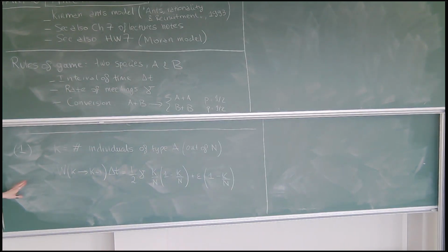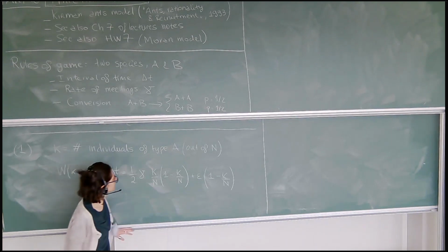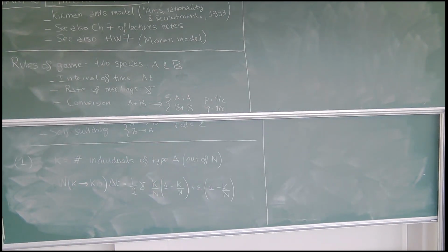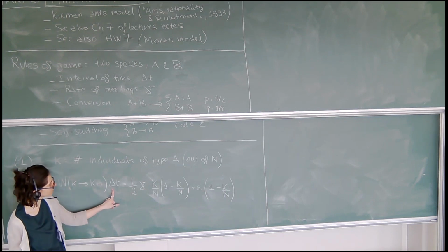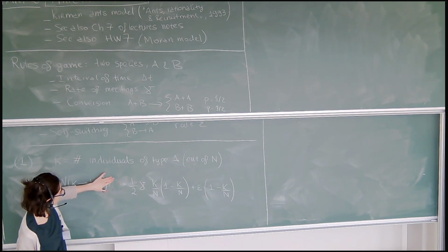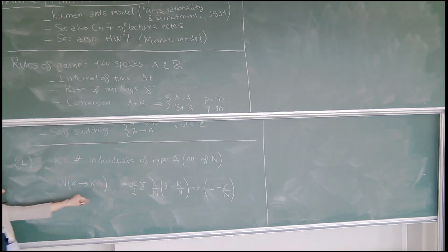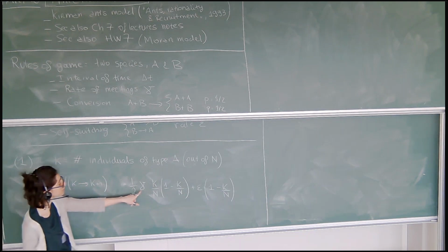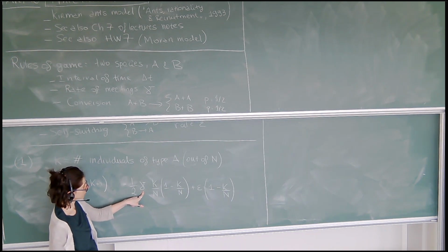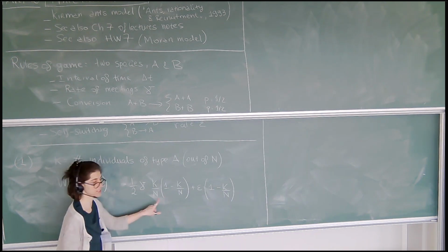Indeed, what this is describing is what we just said when describing the model. In this small interval of time, two individuals can meet, and they will meet with a rate gamma. And if they meet, a conversion can occur only if they are of different species.